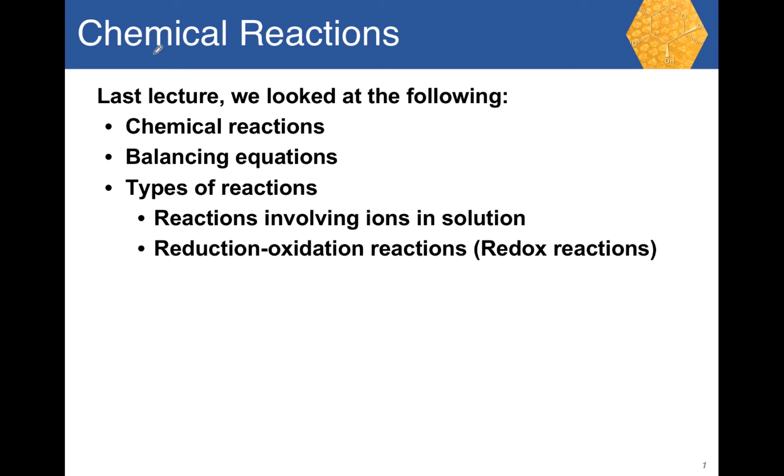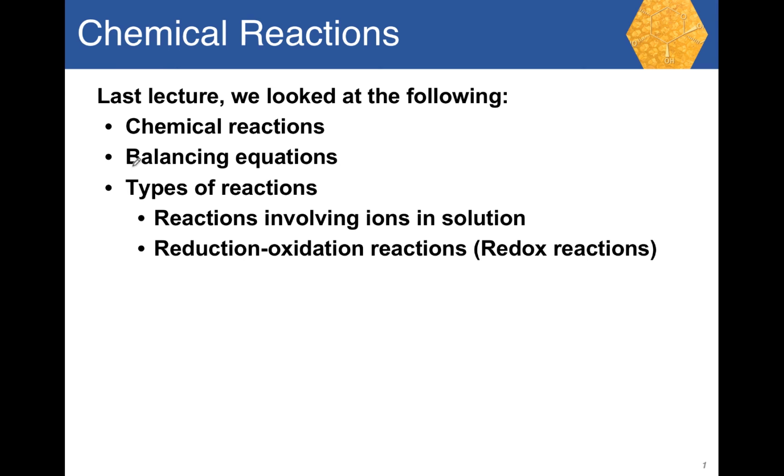This is the last lecture of chapter 4, which deals with chemical reactions. As a quick review before we start, last lecture we looked at chemical reactions, in terms of, by definition, what are chemical reactions?